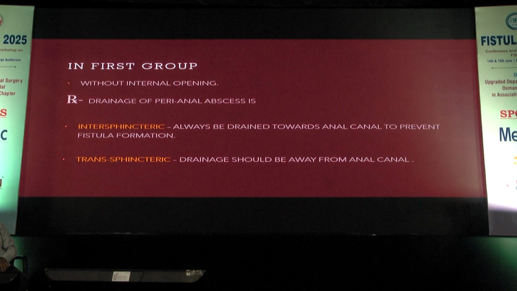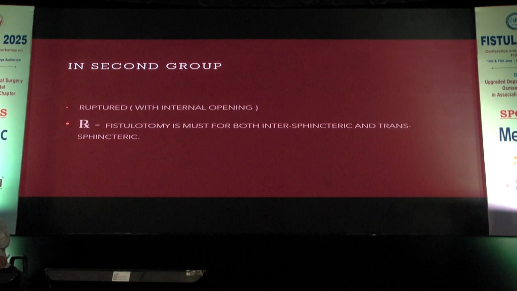For intersphincteric, the drainage of the abscess is towards your anal canal to prevent fistulous formation, whereas for transsphincteric, you need to do it away from the anal canal so that you won't injure your sphincters. Coming to the second group, where it is ruptured, along with the tract you need to open the fistula tract, that is fistulotomy, for both intersphincteric and transsphincteric.